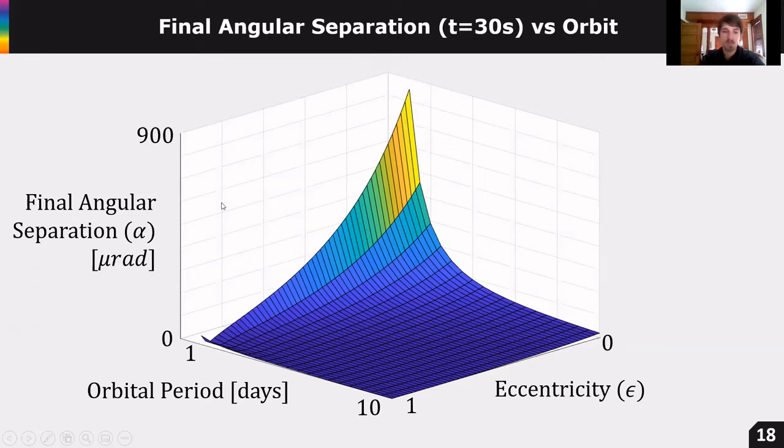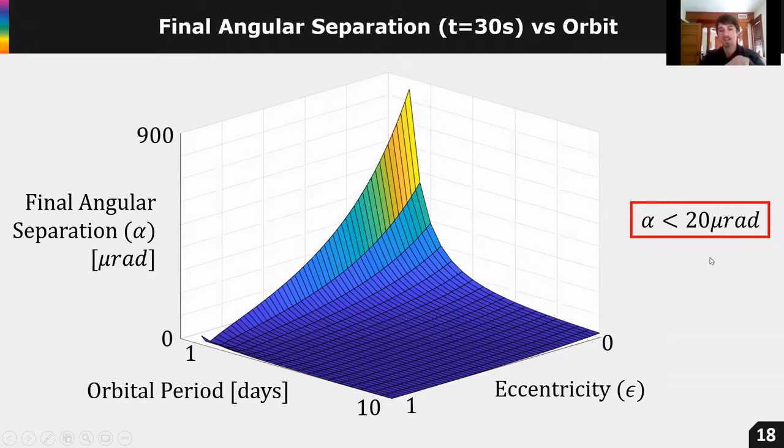What we can see from this plot is that for small orbits that are very circular, the beacon separates really quickly and very far away from the nanocraft, almost 900 microradians in angle. This is much larger than that isoplanatic limit of 20 microradians. For large orbits that are highly elliptical, there seems to be a region that might be within this 20 microradian limit.